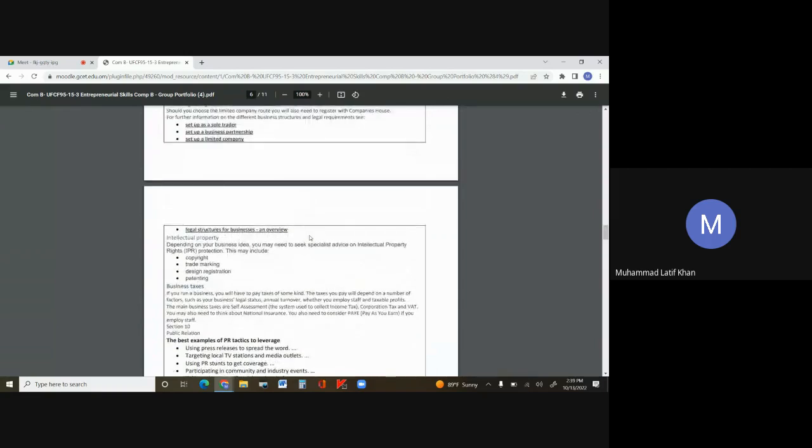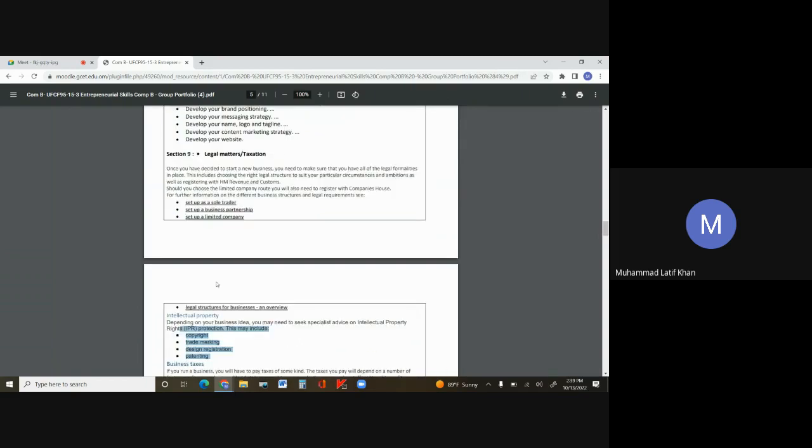Some other criteria can be the land, your employees, the money, and your equipment, because you need to register all these things. What you are doing in your business, you need to register.